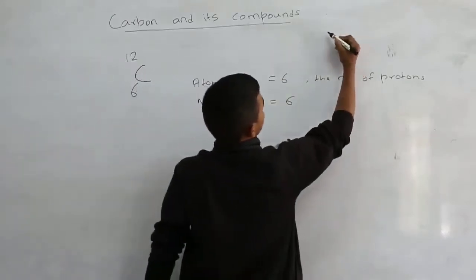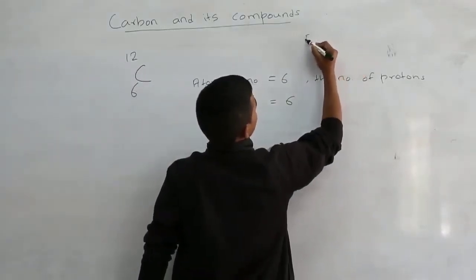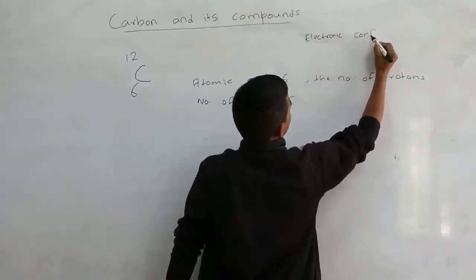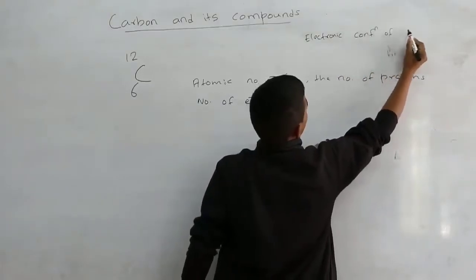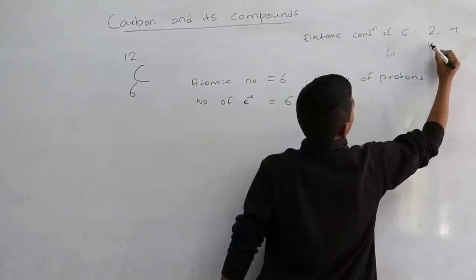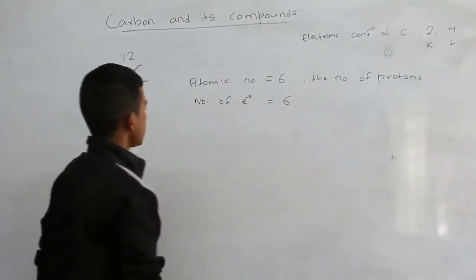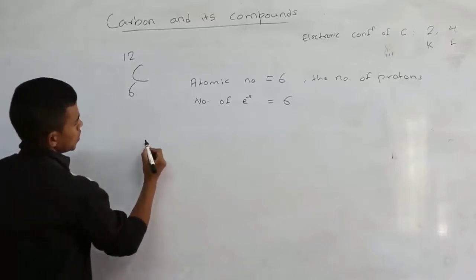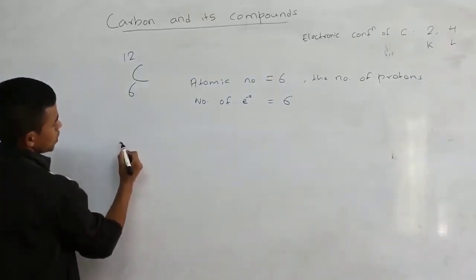Let me write here the electronic configuration of carbon: 2, 4. Let's look at the first case.